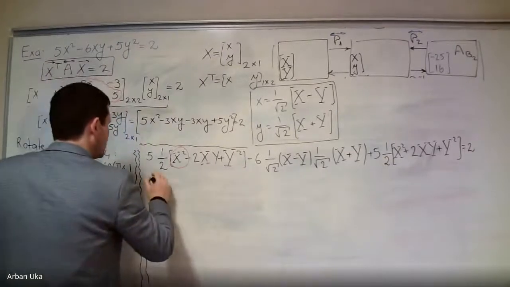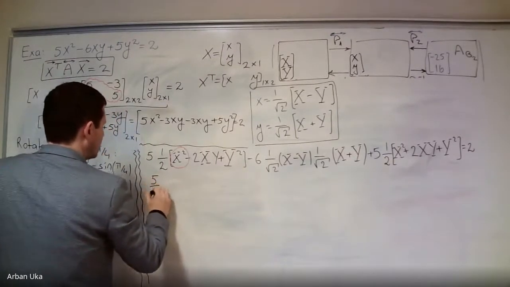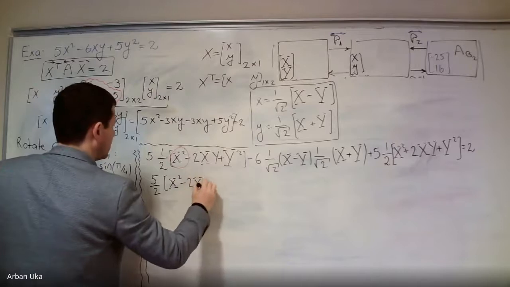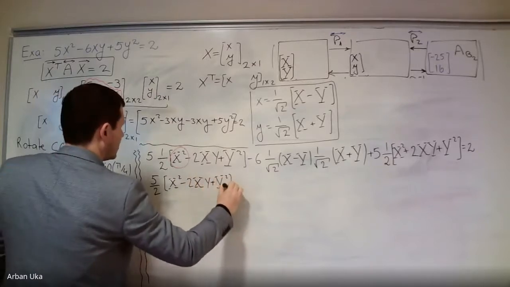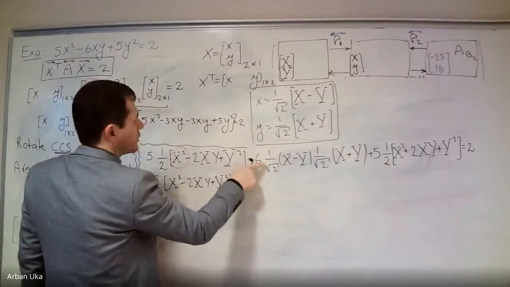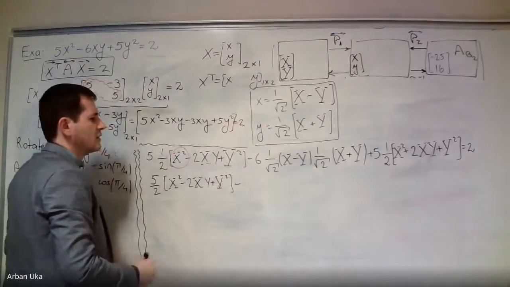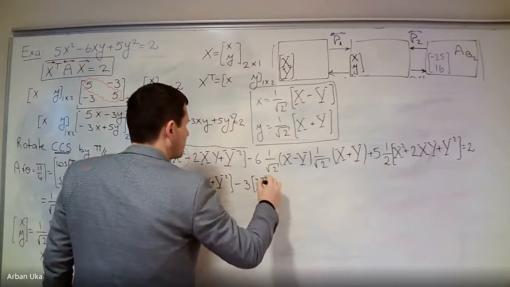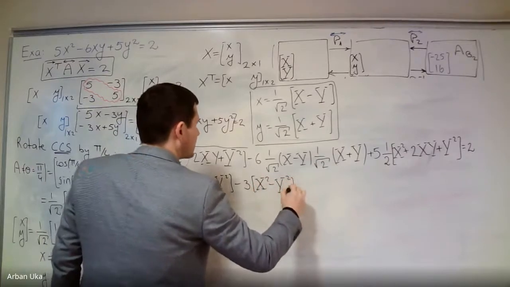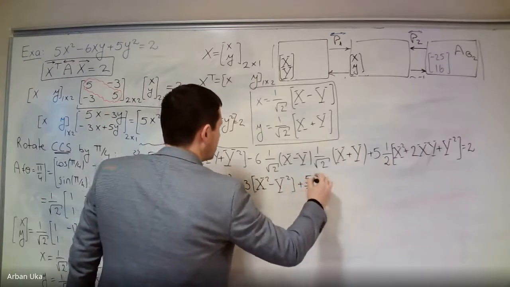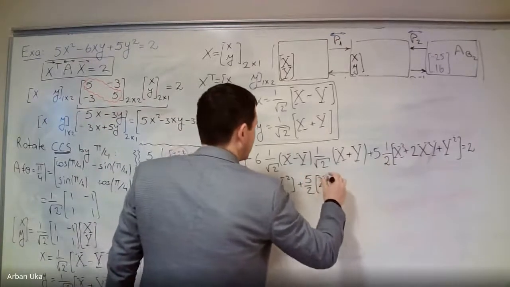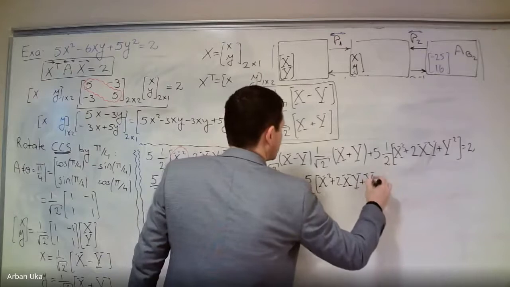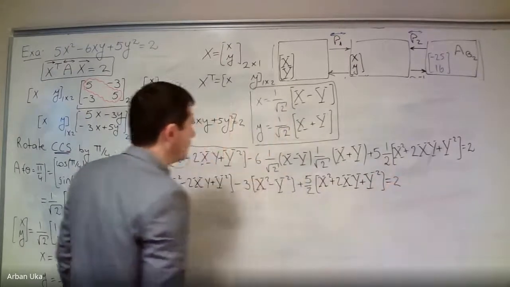So this would be 5 over 2 times x squared minus 2xy plus y squared, minus, this is 1 over square root of 2 times 1 over square root of 2, which is 1 over 2, this makes it a 3 here, times x squared minus y squared, plus 5 over 2 times x squared plus 2xy plus y squared. This is all equal to 2.